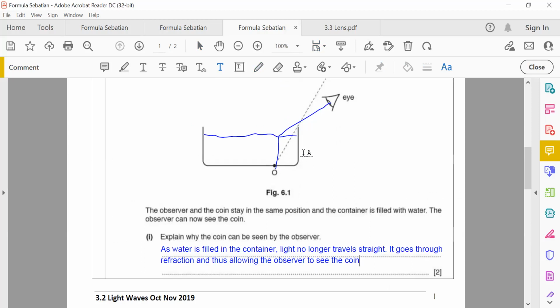But right now with the water, because light goes through refraction, the observer is able to see the object because light has already bent towards the normal, basically, right? Yeah.